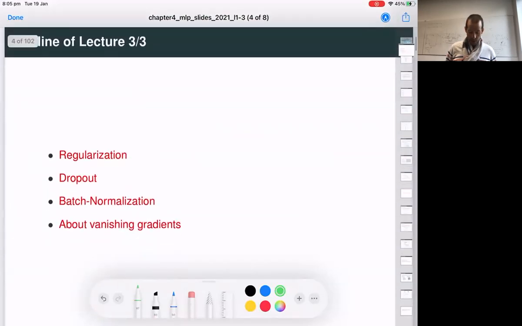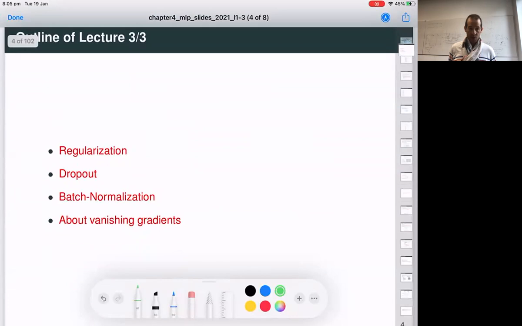And tomorrow we'll go to some regularization techniques to overcome the issue of overfitting, which is quite common in machine learning and especially in deep learning. Another approach to deal with this trouble of overfitting is called dropout.